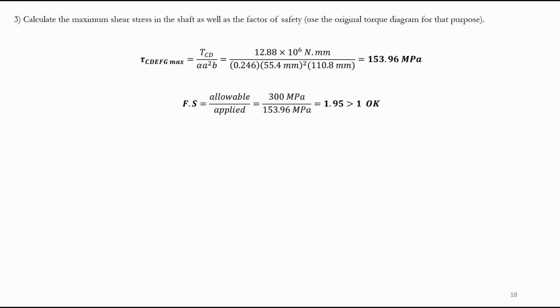To review what we did, we first identified a value that the question gives us. In this case, the question gave us a value of, if you remember, I think 150 megapascal for one portion. From there, we found one of the torque values and assumed some sign, and then we found all the other torques and all the torque diagrams.